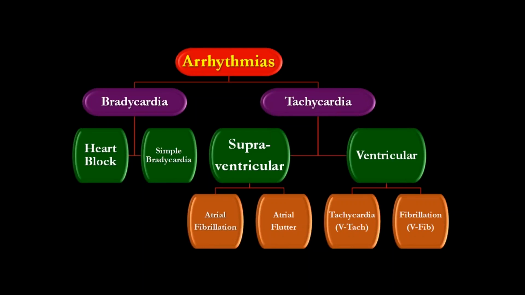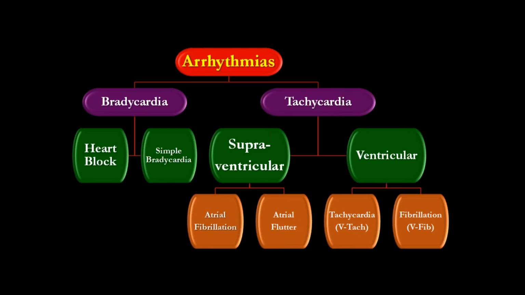So we have bradycardias, and what we are going to focus mostly on in this webinar is tachycardias, and we have the supraventricular tachycardias and the ventricular tachycardias. Tachy means faster, right? So more than 100. Anything that is over 100. Supraventricular and ventricular.